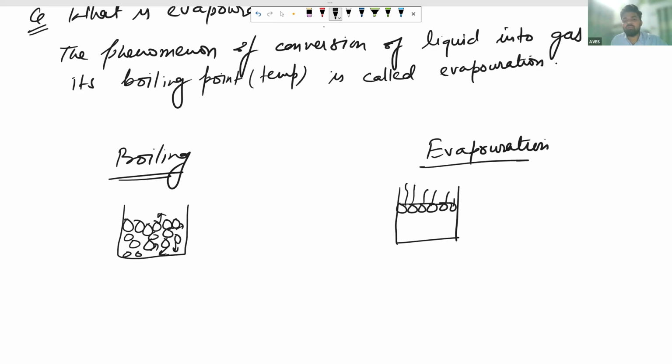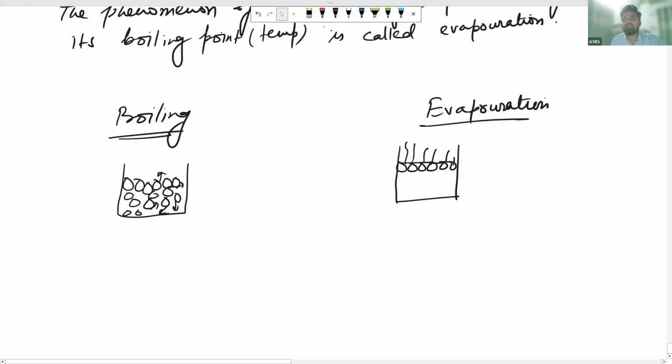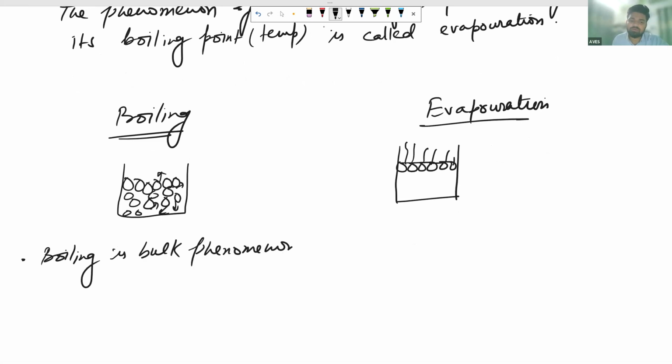We will say that boiling is a bulk phenomenon while evaporation is a surface phenomenon.